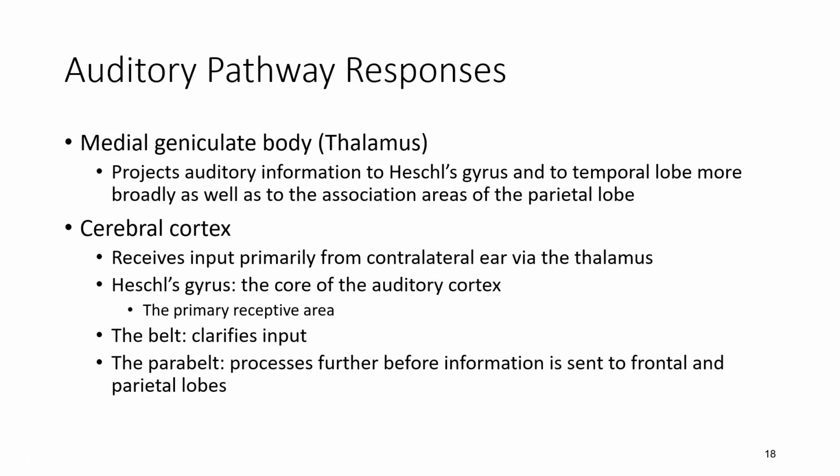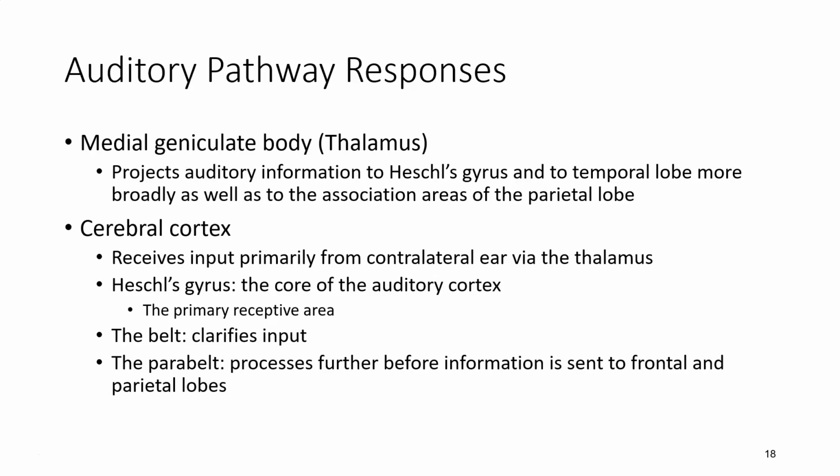The medial geniculate body in the thalamus then gathers up all of these neurological responses and passes them along to the cortex, primarily to Heschel's gyrus, but also to other areas in the temporal lobe, as well as to association areas in the parietal lobe that connect sound up to our other senses.